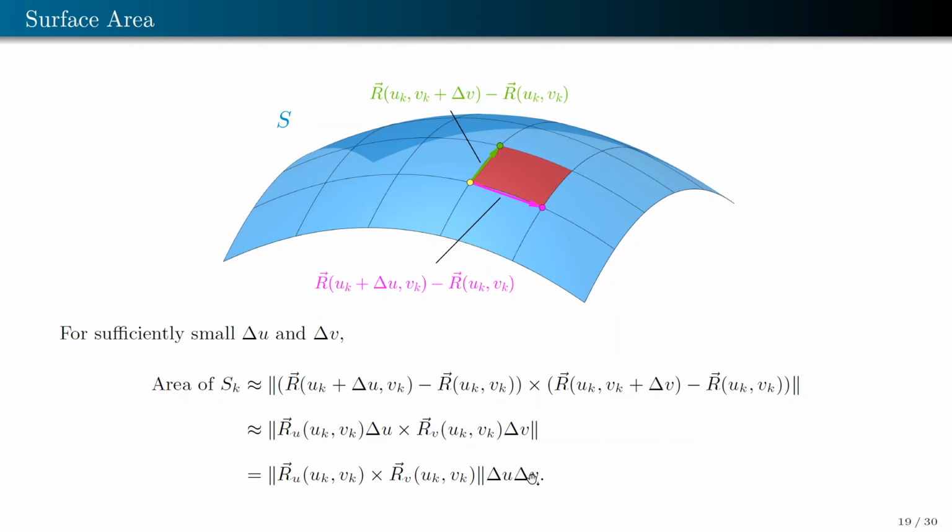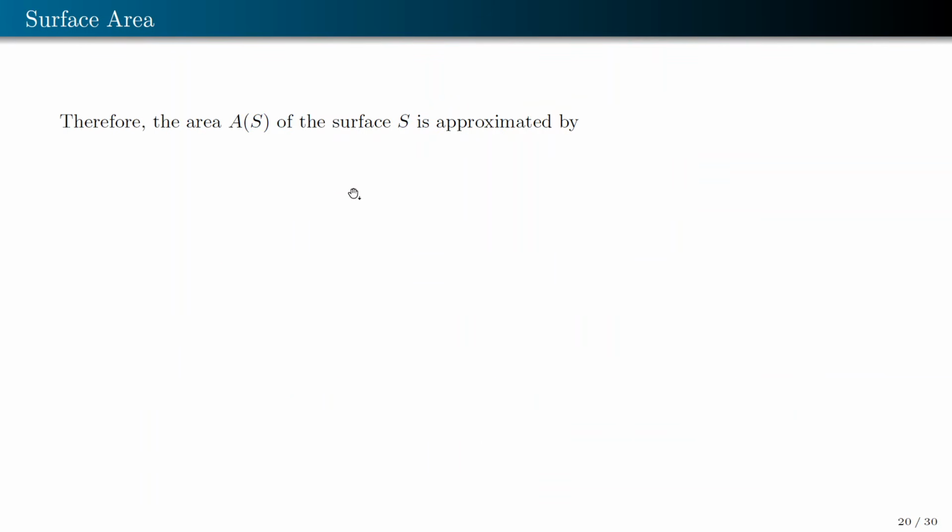So, pwede sila ilabas dito sa cross product at tsaka sa norm. Okay, so we have this expression for the approximation of the area of one patch or of one S sub k. Ayan, so an approximation for the total surface area of S, which we will denote by A of S, is simply the sum of all such expressions over all k.